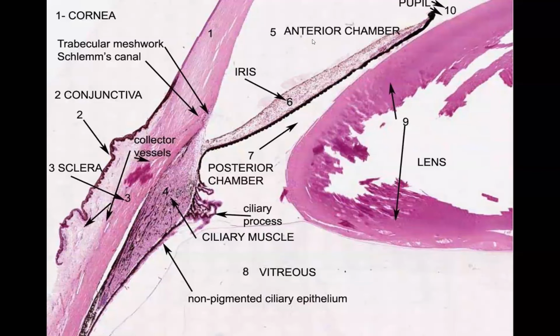So, using a histological slide to show: this part is the pars plicata, this part is the pars plana, and on the surface you can see the pigmented epithelium nicely, and the non-pigmented epithelium. This is the vitreous body, and on the surface of the vitreous body there's a membrane.